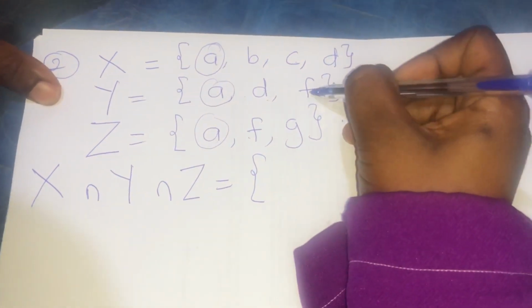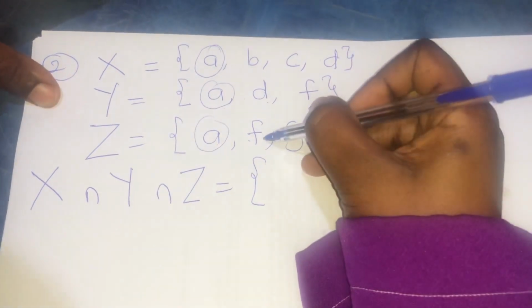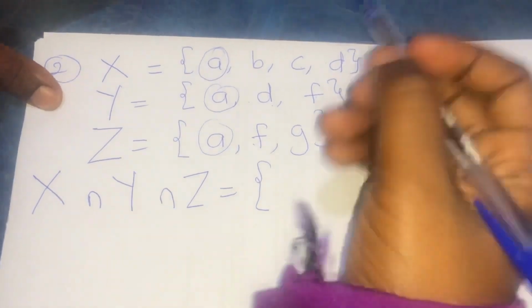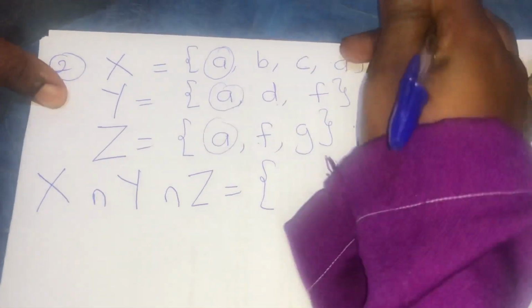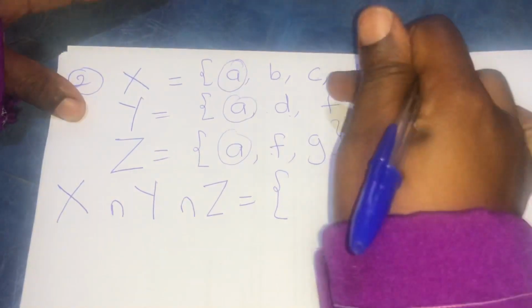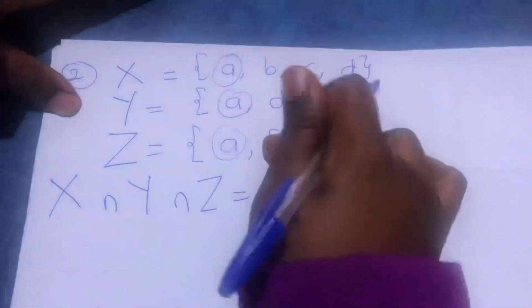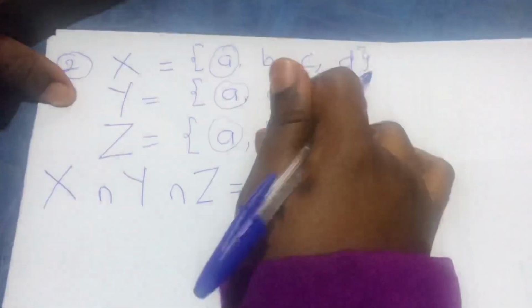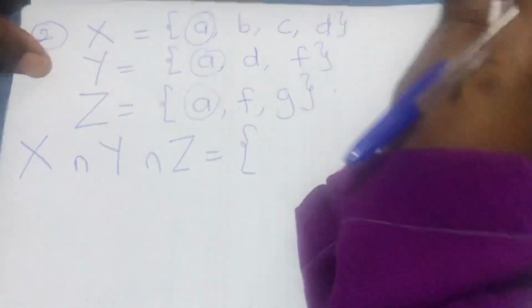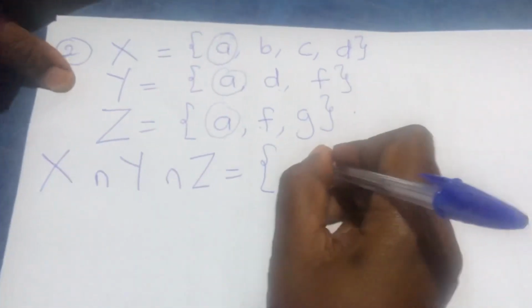There's F here, F is not in X, F is in Y and Z. So we are not going to take it because F is not common to the 3 sets. It's just common to Y and Z. There's G here, G is not in X, G is not in Y. We are not going to take that one, but only A.